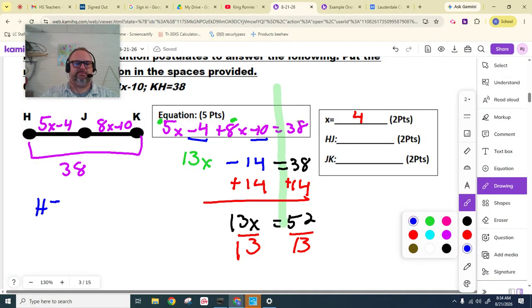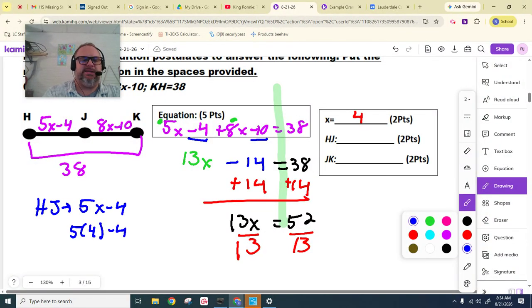So, HJ. This is 5x minus 4. So 5 times 4 minus 4. Remember, you can type it into the calculator just like that. Okay? And you should get 16. Now, there's 2 ways you can find JK. One way is actually plugging it in.